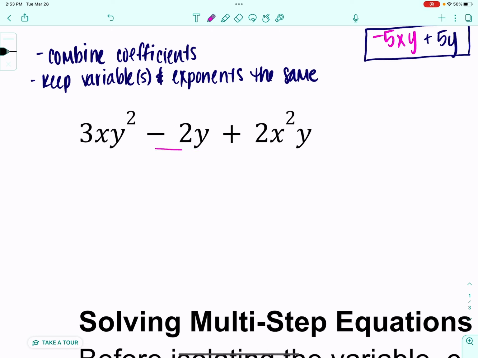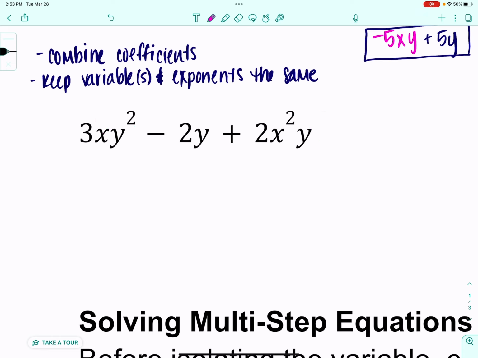A quick look at the second term tells me it's missing an x compared to the other two terms. And a quick comparison for the last term, it doesn't match the second one because the second one doesn't have an x. It doesn't match the first term because the exponents on the y's don't match and the exponents on the x's don't match.